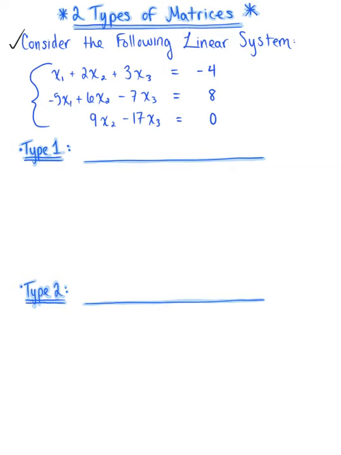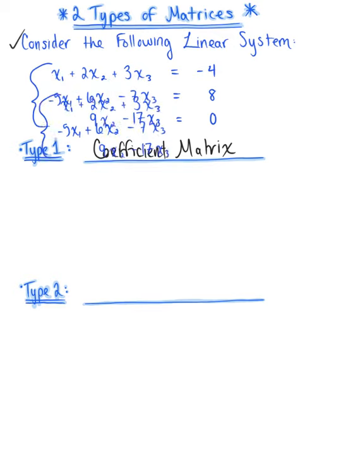So the first type of matrix is called the coefficient matrix. And the coefficient matrix simply has to do with the linear system on the left-hand side. So we're just thinking about the left-hand side of the equals sign.